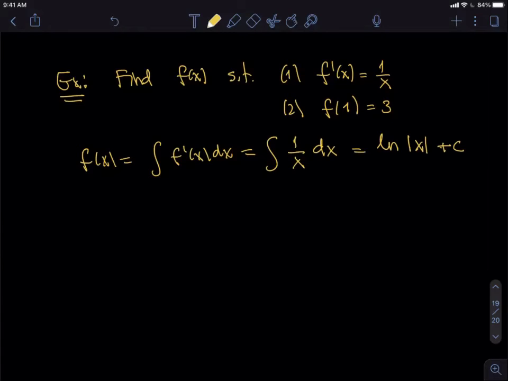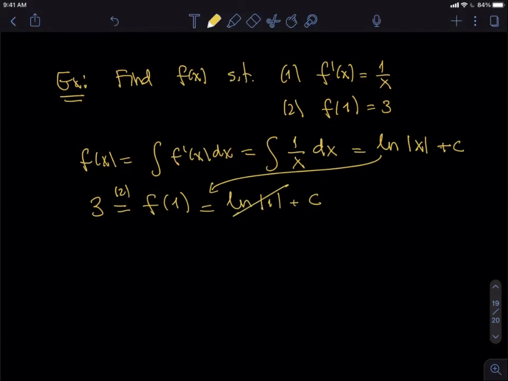Then we want to prescribe the value of 3 for f(1), so that is condition 2. We just found it has to be of the form logarithm of x plus c, so that's logarithm of 1 plus c, but this logarithm of 1 is 0, so c must be equal to 3. And the function that we get is f(x) equals logarithm of x plus 3.